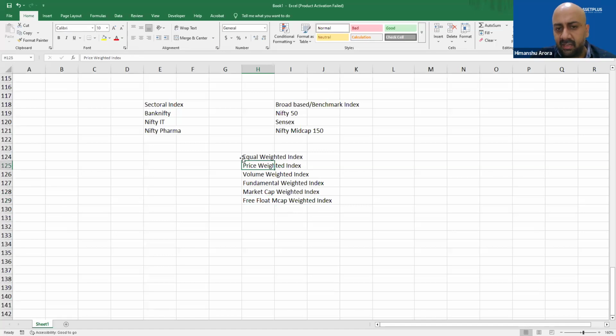The one इसमें equal weightage, इसमें the higher the stock price, the higher the weightage, the more the volume, the higher the weightage, the better the fundamentals, the higher the weightage, very subjective. The higher the market cap, the higher the weightage. A refined version of this, which is currently used, the higher the free float market cap, the higher the weightage. Clear, guys?